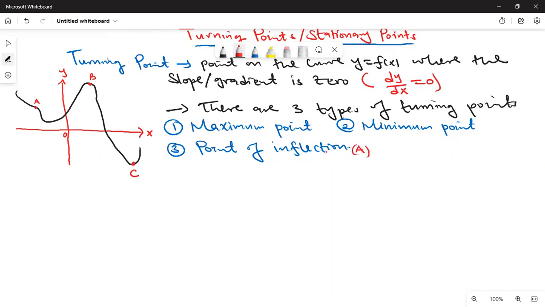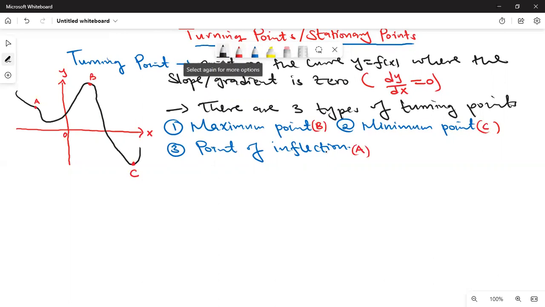Point B is the maximum point. And point C is the minimum point. So what do you realize if you look at the gradient, how the sign of the gradient is changing at the point of inflection, at the maximum point, and at the minimum point?